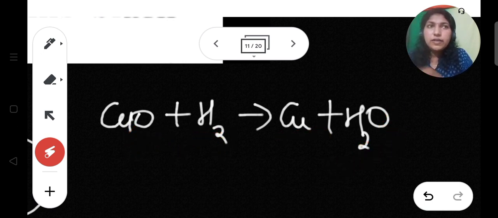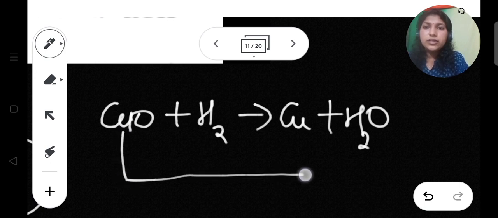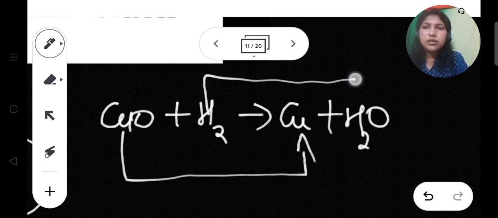In this reaction we can identify which is oxidation and which is reduction. Oxidation means addition of oxygen or removal of hydrogen, and reduction means addition of hydrogen or removal of oxygen. Here copper oxide changes to copper, and hydrogen changes to water.